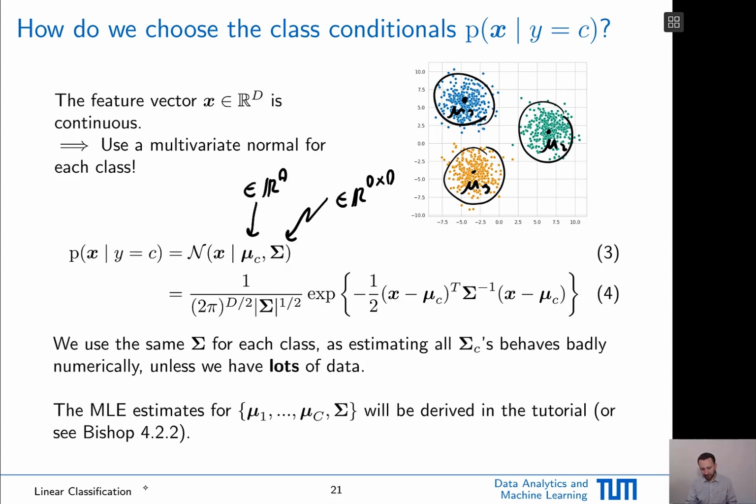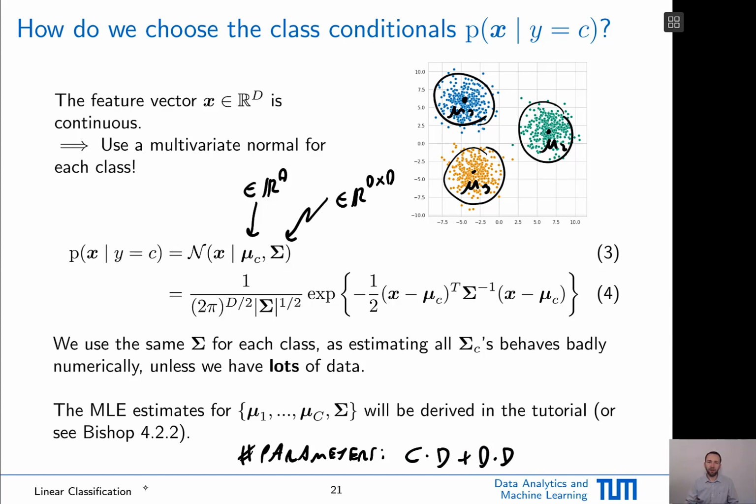So this is why in this case we assume a shared covariance matrix, and then the number of parameters we have to learn in this model is, for every class C, d parameters for the mean, and then d times d parameters for one covariance matrix. Okay, so this is the number of parameters we have to learn. C many means, but one covariance matrix only.